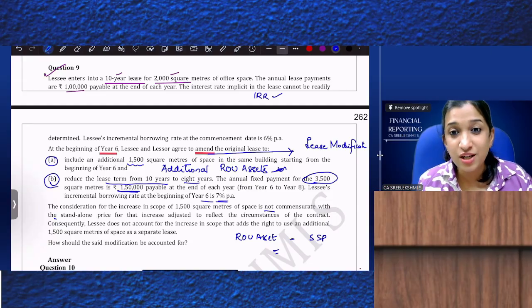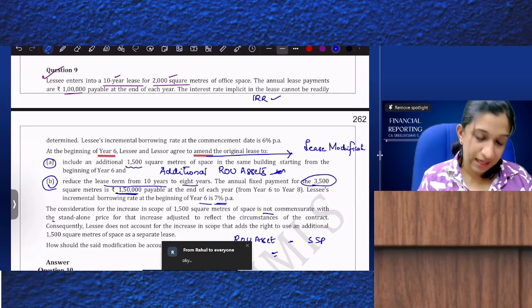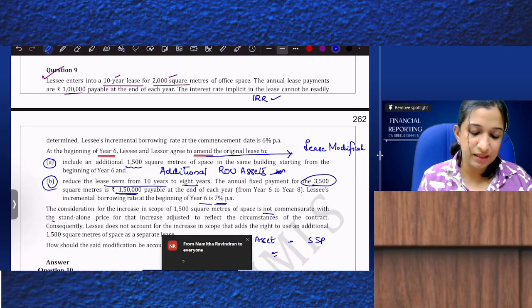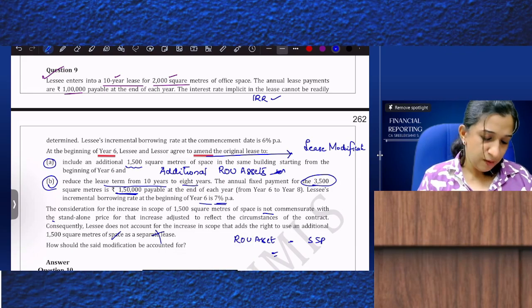It will be treated as an adjustment in the existing lease arrangement. The lessee does not account for the increase in scope that adds the right to use an additional 1,500 square meters as a separate lease.